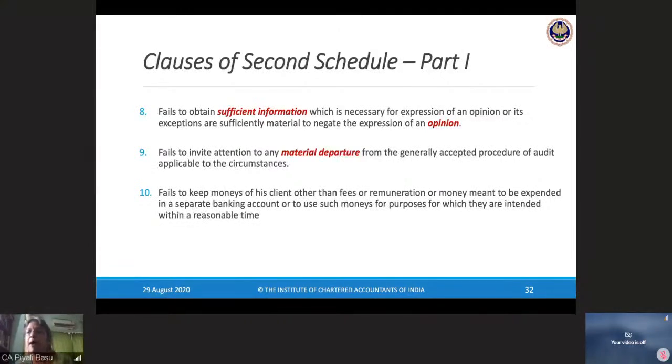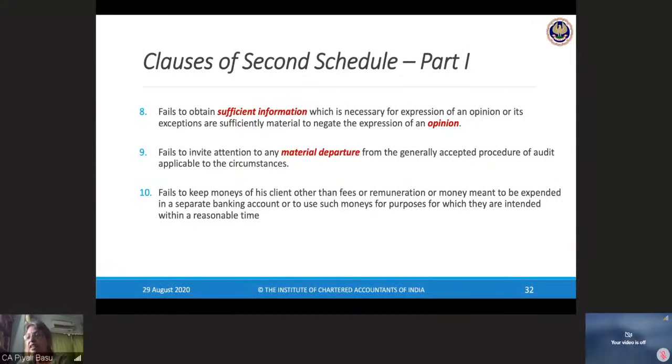I am talking of departments where audit is also done by chartered accountants, if not by the CAG's own auditor. So we have to follow the CAG's guidelines as well, apart from our own guidelines. That is why it says the procedure of audit applicable to the circumstances. As a chartered accountant in practice, we need to know what is applicable for us in a particular situation.